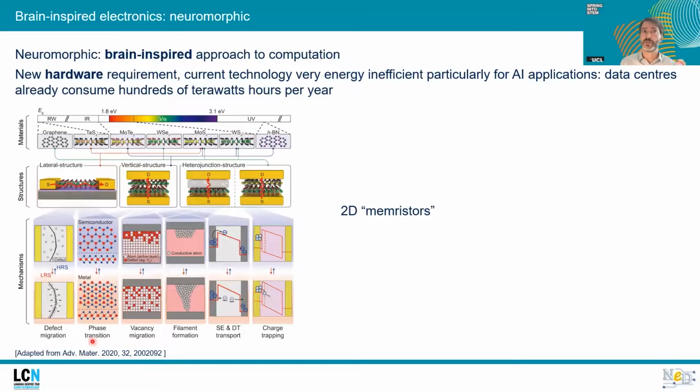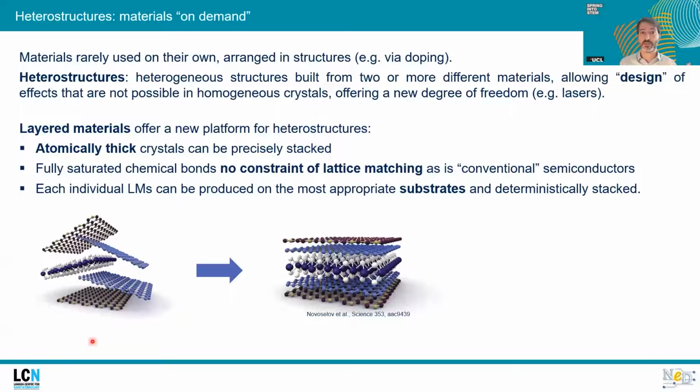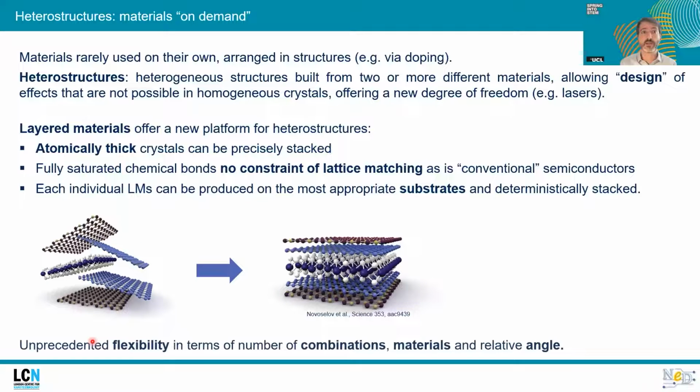While neuromorphic takes inspiration from the human brain to combine memory and logic in a single unit, which in the case of neuromorphic is typically represented by memristors. Finally, I would like to remark the fact that 2D materials can be easily combined, and that's stemming from the fact that you don't have to match the lattice constant between the layers, so you can make materials on demand.